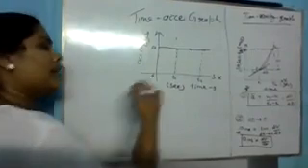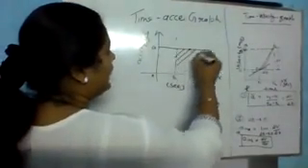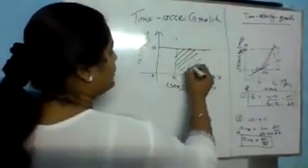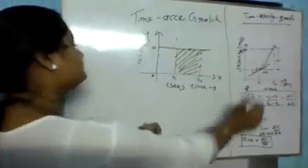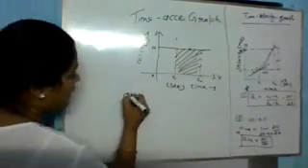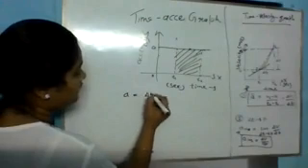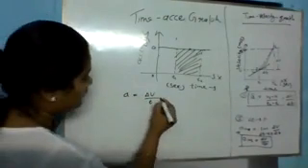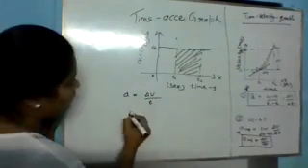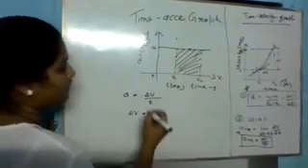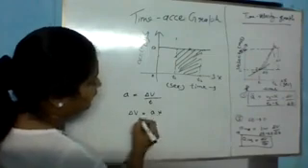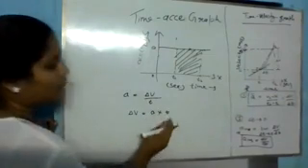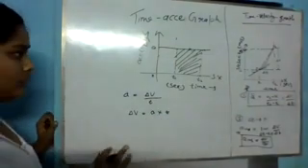Now, with the help of this graph, we can find out the velocity. What is the acceleration? Acceleration is change in velocity upon time taken. Time taken, right? That is t. So change in velocity, we can find out how? A into t, where t is time taken. Okay.